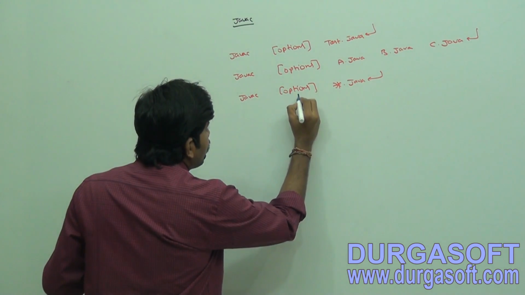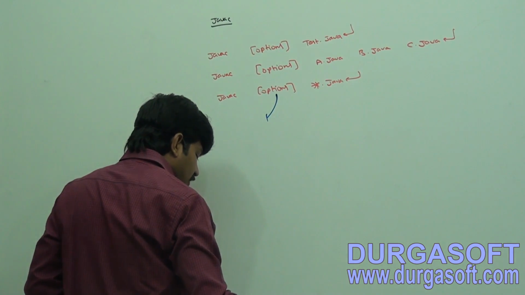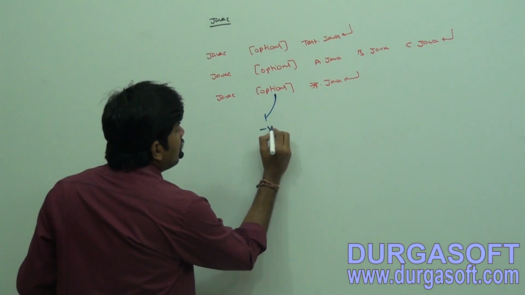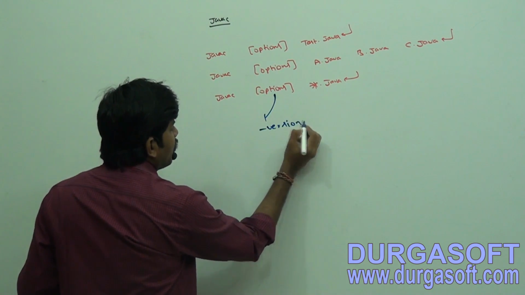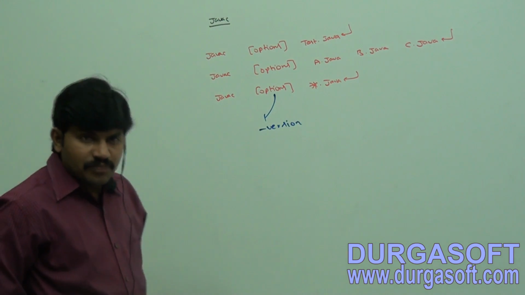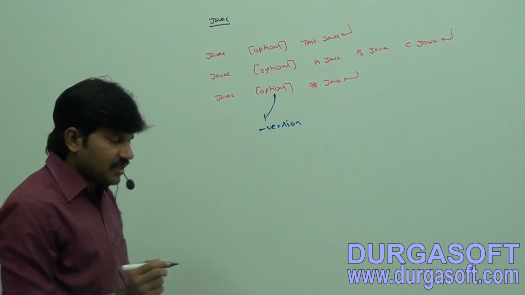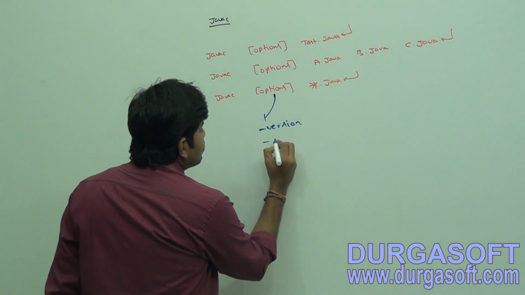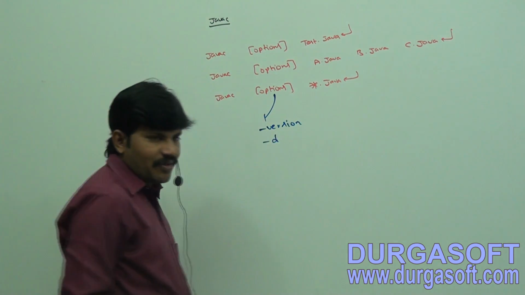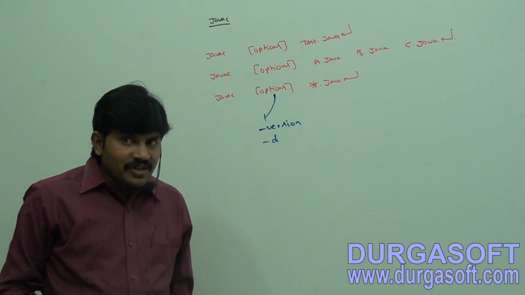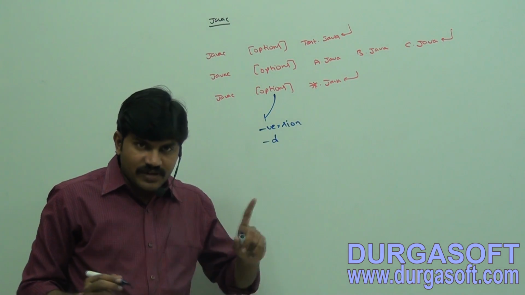Sir, for this javac command, what various options are there? A very common option is -version. Have you remembered? Which version of compiler am I using? If I want to know, -version. Next, javac -d. Wherever a package statement is there, we have to compile with javac -d dot.